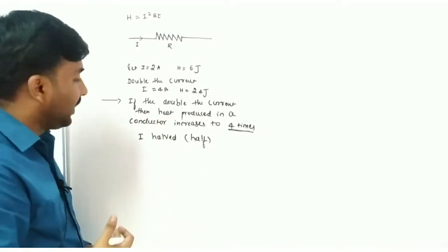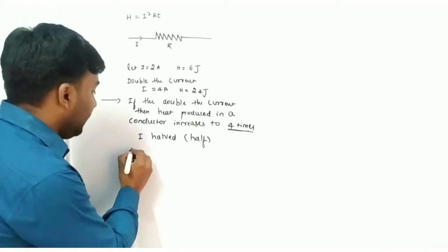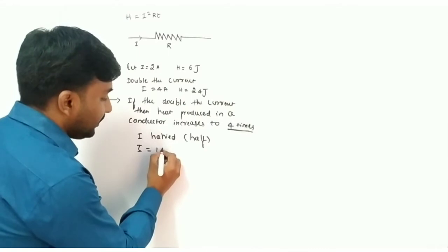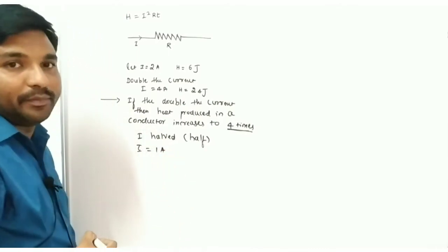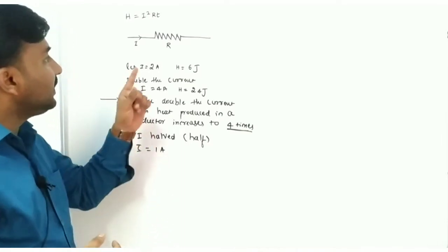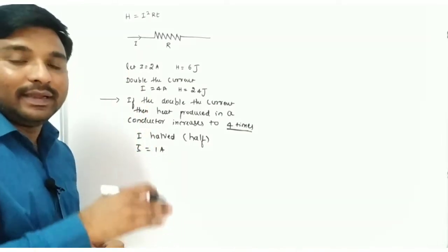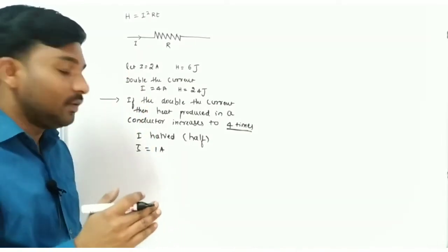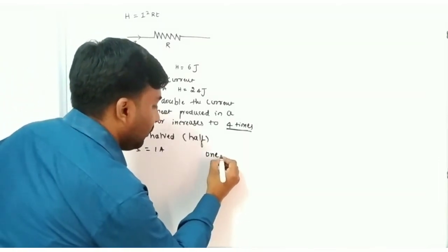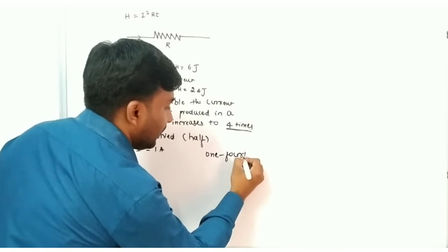In this situation, let's suppose the current is 1 ampere. The heat produced in a conductor decreases to 1/4 time. It decreases to 1/4 time.